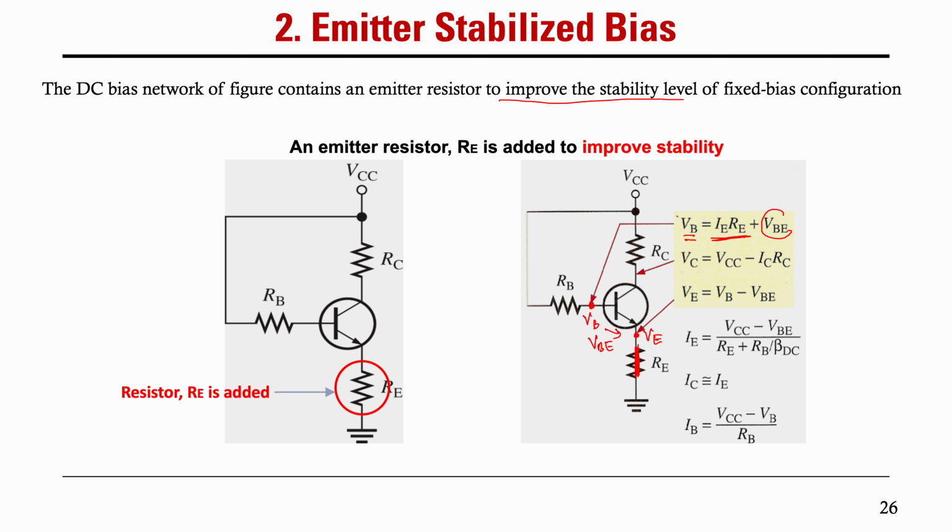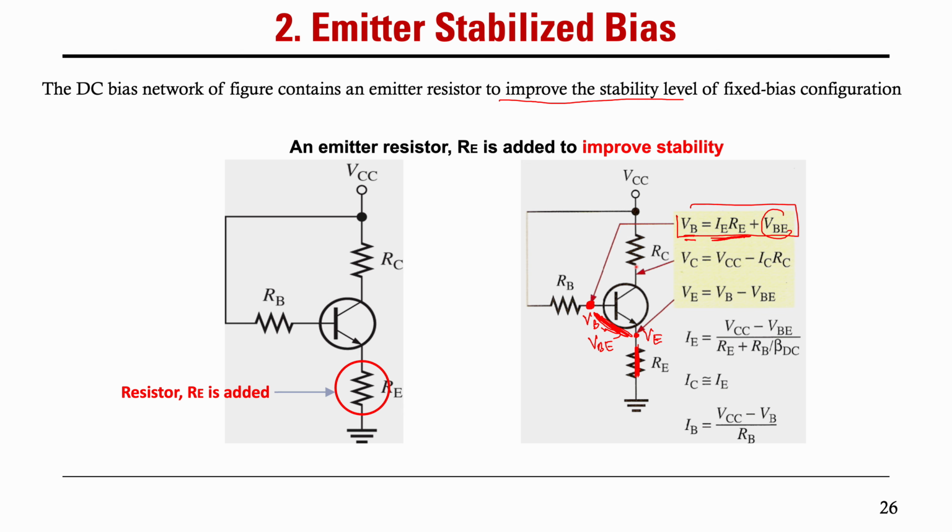Please remember this: VB, the voltage at the base, is equal to the voltage drop across RE plus the voltage VBE.